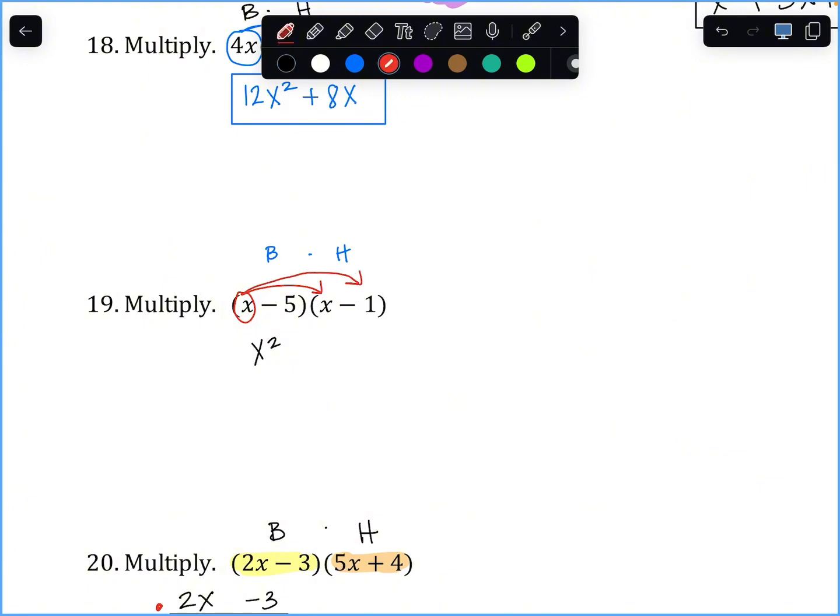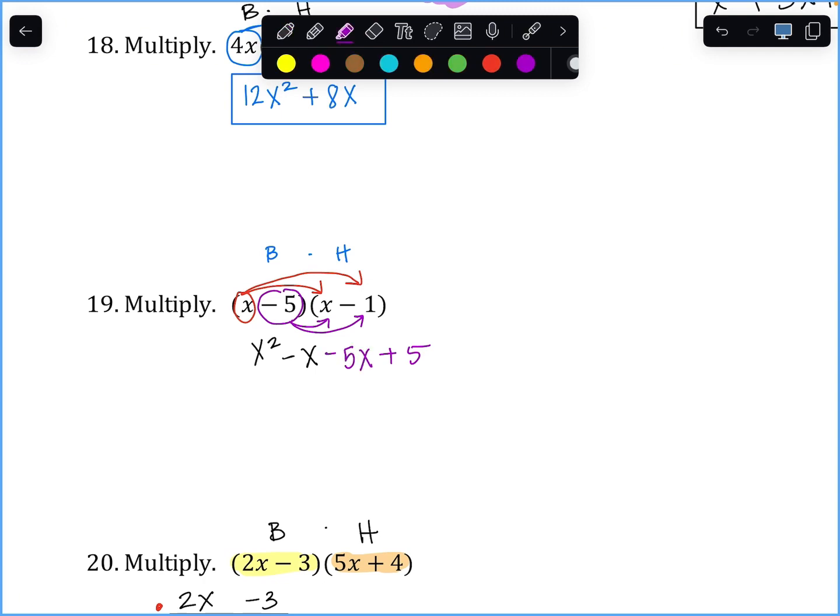The first term of the base is multiplied now by the second term of the height. That's negative x. Now I take the second term of the base, right, the bottom of the house, times the first term of the height. And then same thing. Okay, and then maybe if it helps, I'm going to do this. Negative 5x. There you go.